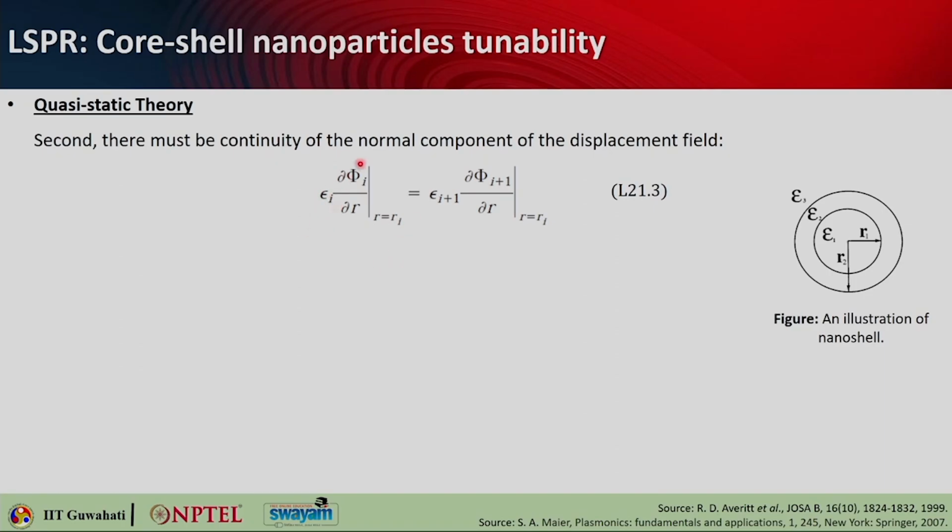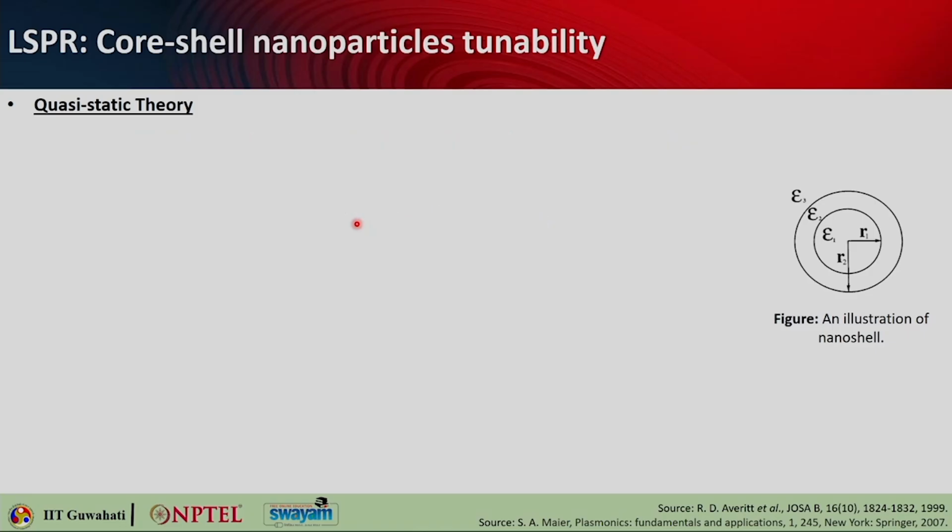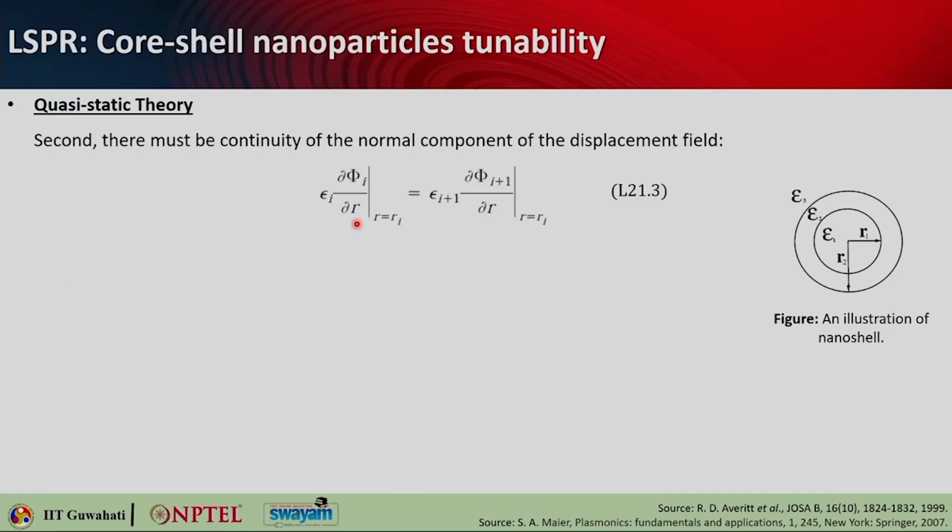The derivative of phi with respect to R gives the electric field, and when you multiply with epsilon, the permittivity, this gives you D, the displacement field. The normal components of the displacement fields are also continuous. The normal components you can find by taking the derivative with respect to R, and the tangential one you can find with respect to theta, as shown here.